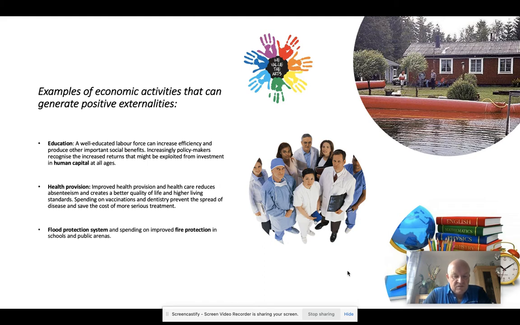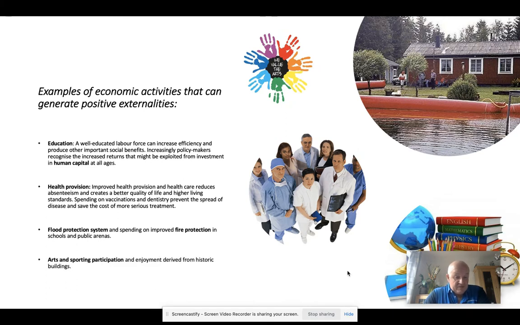Flood protection systems, clearly spending on improved fire protection in schools and public arenas, and also flood protection systems are about making sure that people stay safe, and also that the clean up of those scenarios, if they should happen, is significantly less if we've got protection systems in place.